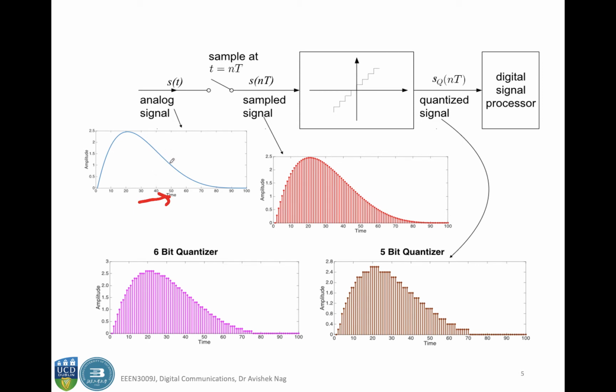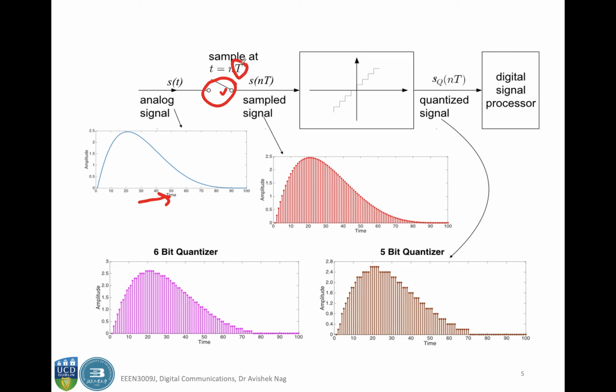If you pass this signal through an arrangement where you have a switch here that is closing at every integer point of time, let's say your capital T is 1 second, then you are closing this switch at t equal to 1 second, t equal to 2 seconds, t equal to 3 seconds, and so on.